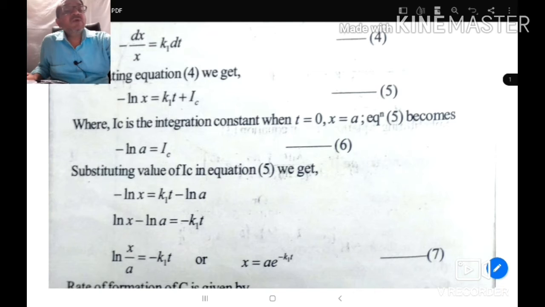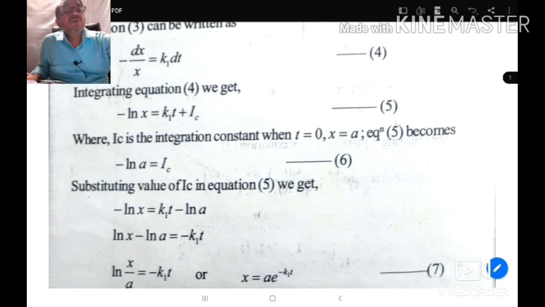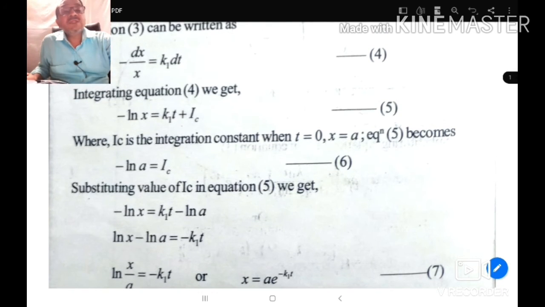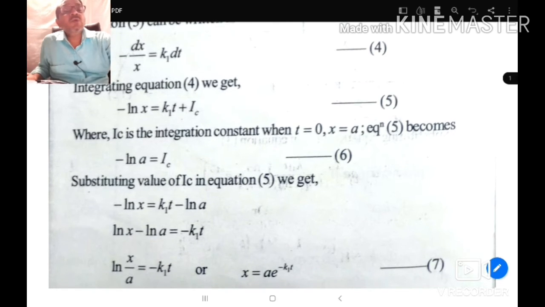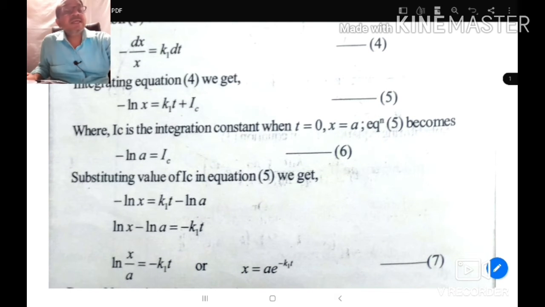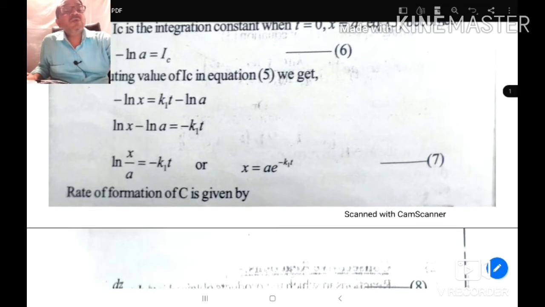Substituting this value of IC in equation 5, we get minus log x is equal to k1t minus log a. So log x minus log a is equal to minus k1t. So log x upon a is equal to minus k1t, or x is equal to a into e to the power minus k1 into t.